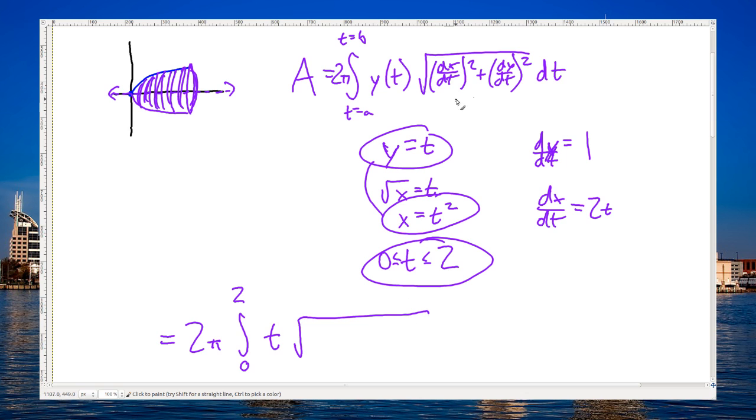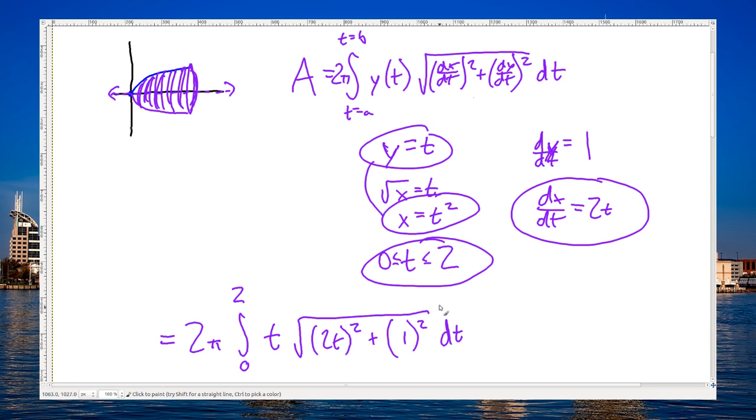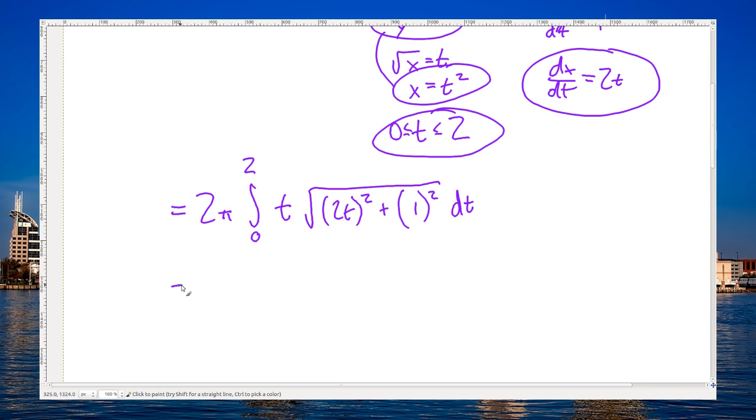Square root, dx/dt is 2t, squared, plus dy/dt is 1 squared, dt. So there's t times the square root of 4t squared plus 1, dt.